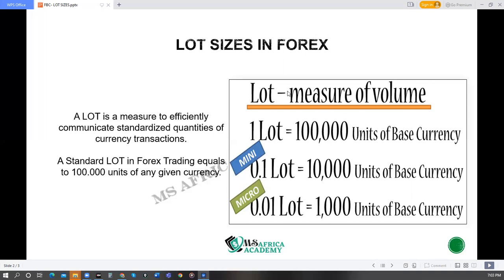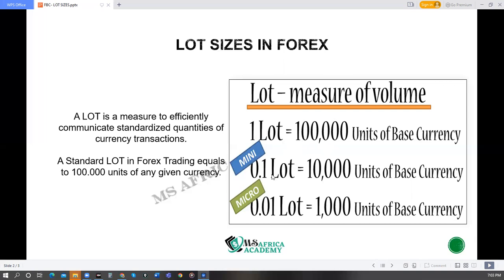All right. So if you're trading and in your trades you're quoting 1.0 as the lot size or the volume that you're trading with, it means that you're trading one standard lot, all right? And that is 100,000 units of the base currency that you're trading.